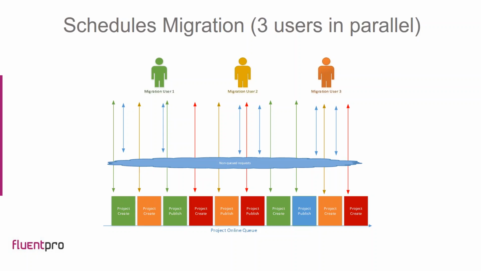So during migration, most of the operations, as you can see on the screen, are long-running and queued, and for the parallel uploads, here you can see three uploads being done in parallel, but these parallel uploads are limited by queue throughput and by such a process as throttling that can happen in Project Online.